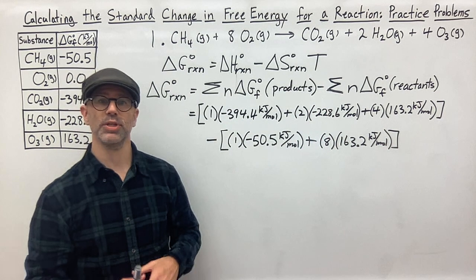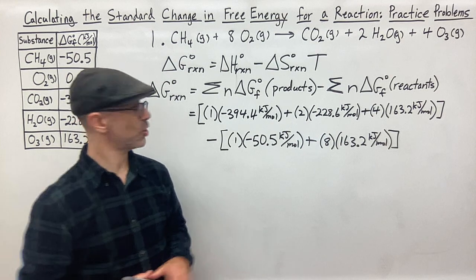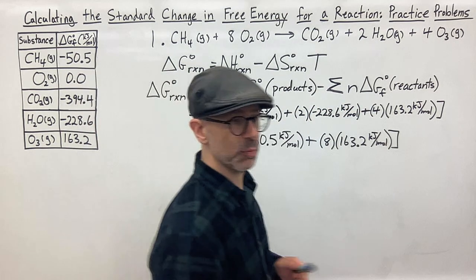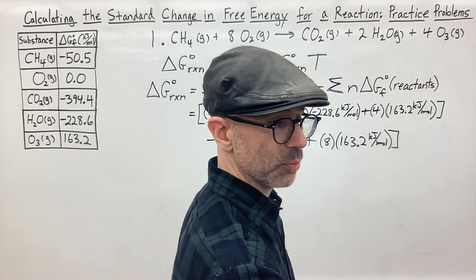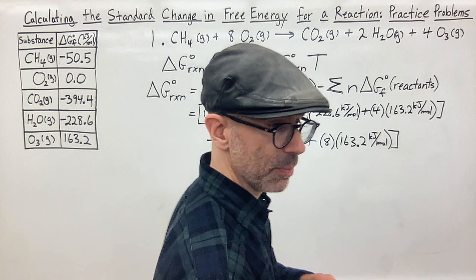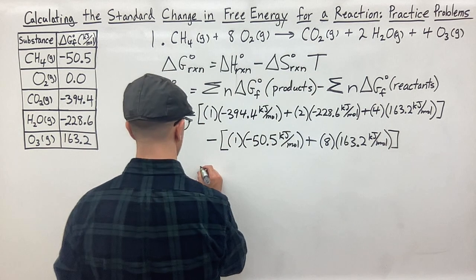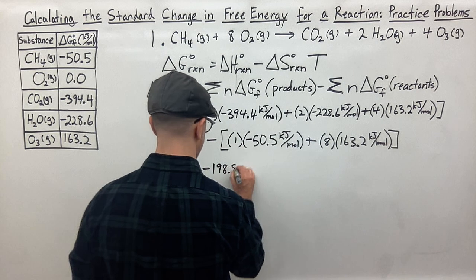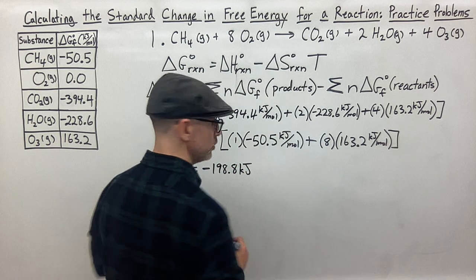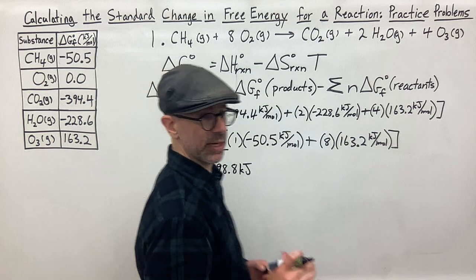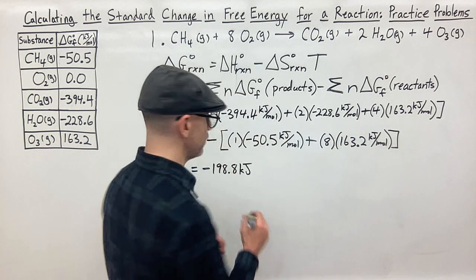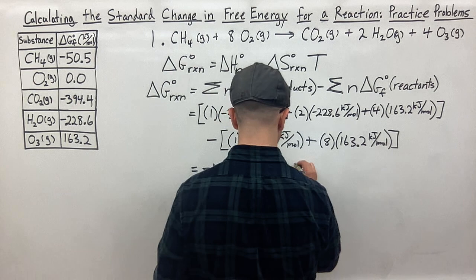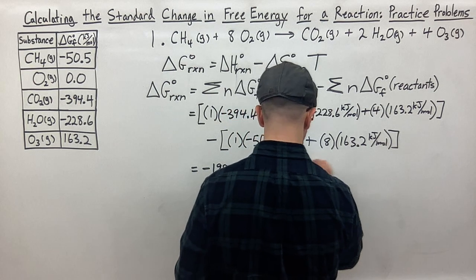So all I need to do is just calculate it out. So if I calculate the products, I end up with negative 198.8 kilojoules. For my reactants, I end up getting positive 50.5 kilojoules.